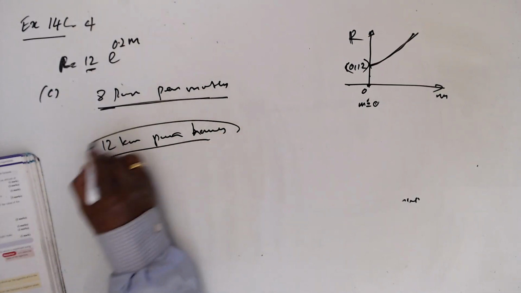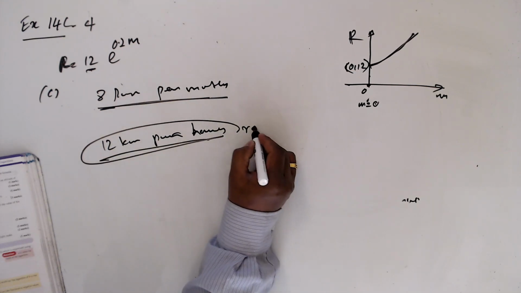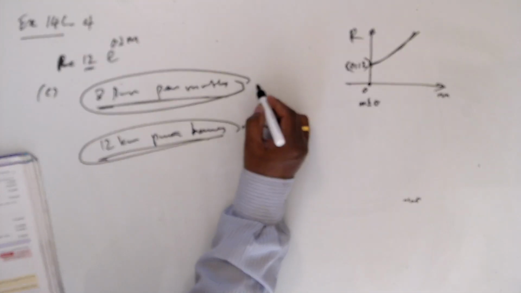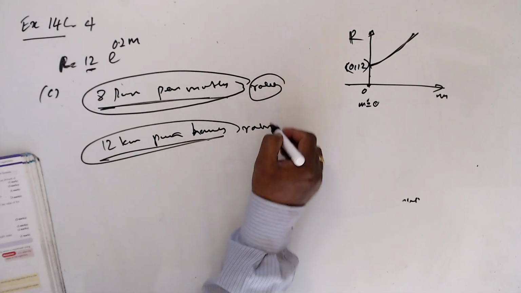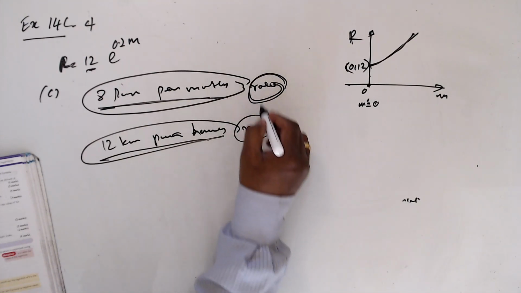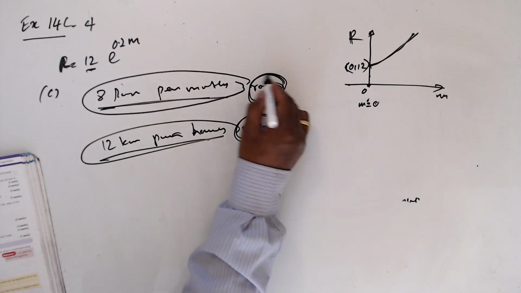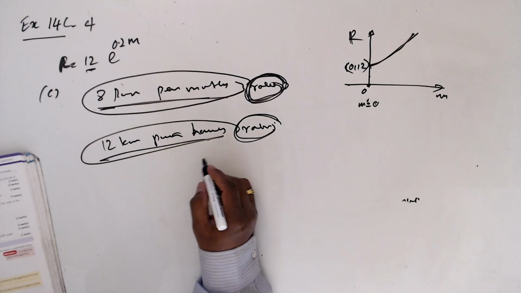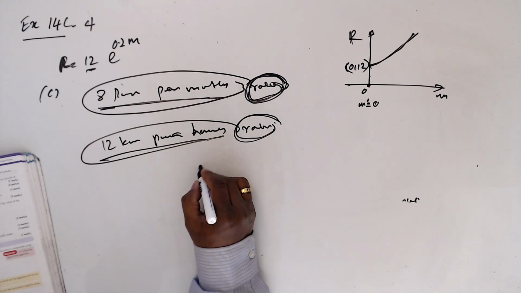So they are talking about rate here. So 8 rabbits per month rate. So in mathematics, rate is what you can see in the graph, it is the gradient.